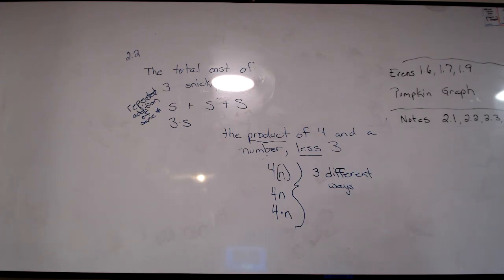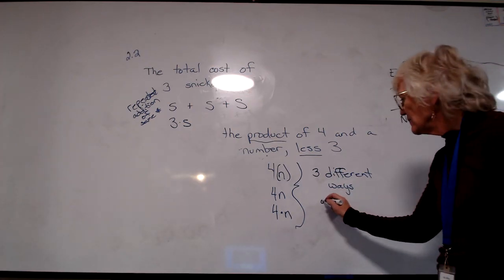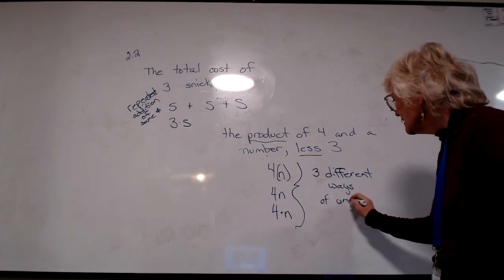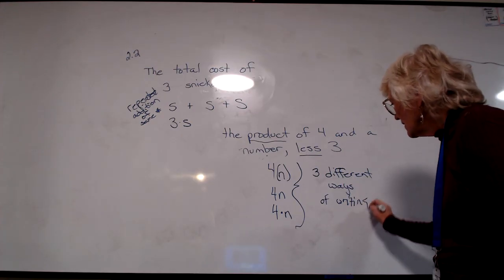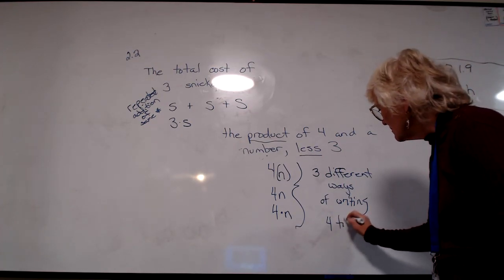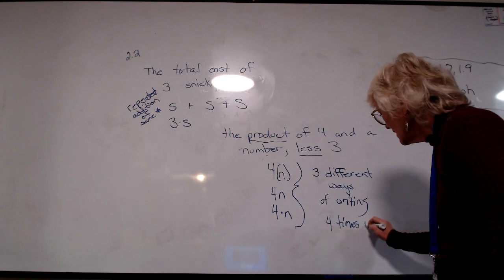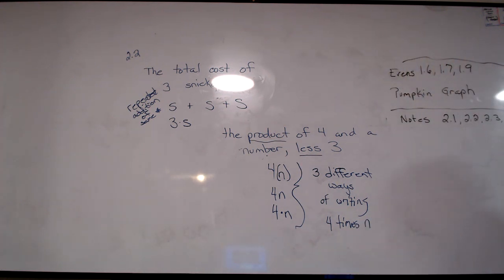So it's 3 different ways, but they're all the same. 3 different ways of writing 4 times n. All of those mean the same thing. They're just written differently.